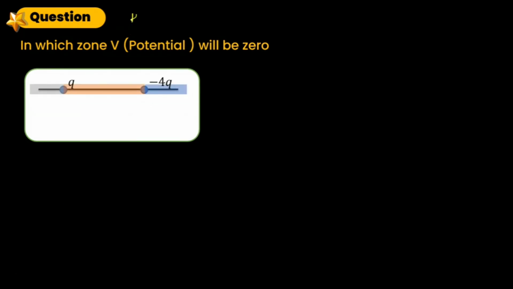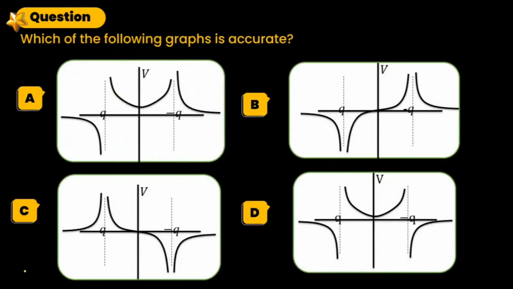Same problem. Again, a conceptual question, but if you are able to solve this, it means you have understood everything. You don't have to actually solve it. You just have to figure out the point where the potential is zero. The question is only asking for the zone: this red zone, the right zone afterwards negative 4q, or the left zone before q. Just think about it and let me know.